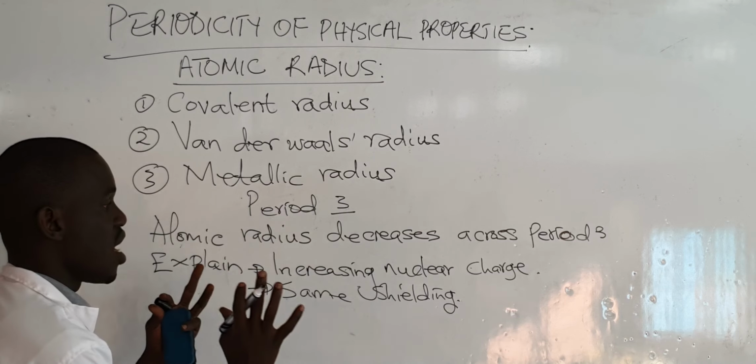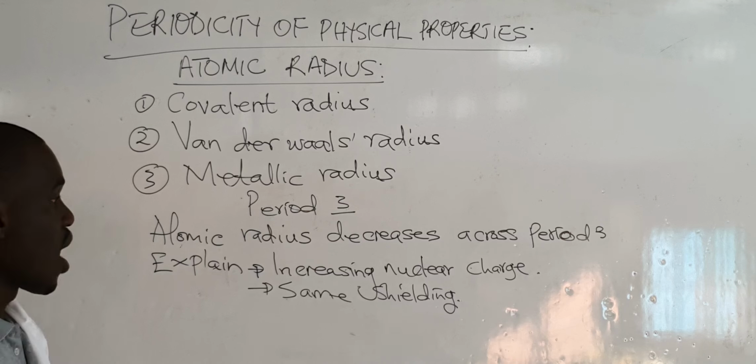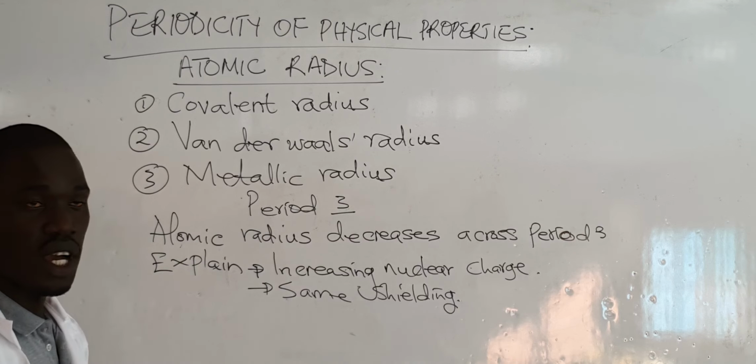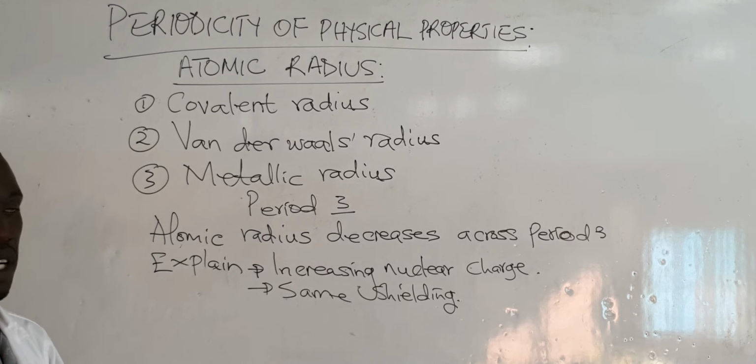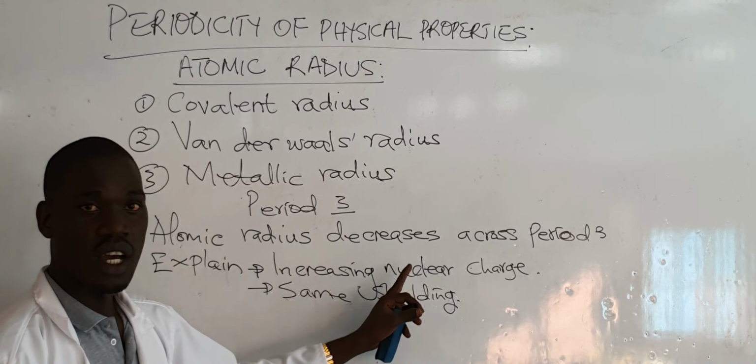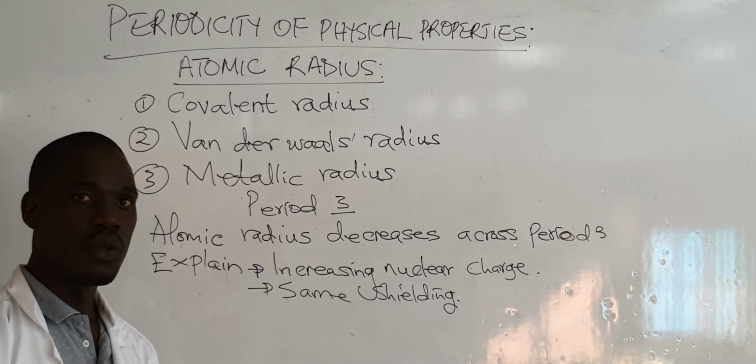So the attraction between the outermost electron and the nucleus is stronger across the period, making the atomic radius decrease across the period.